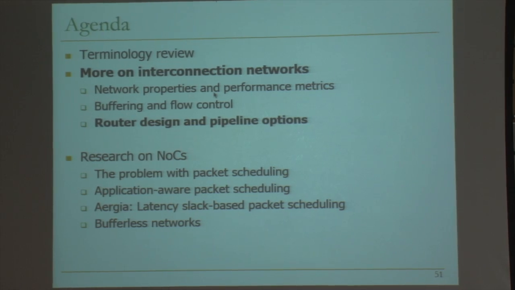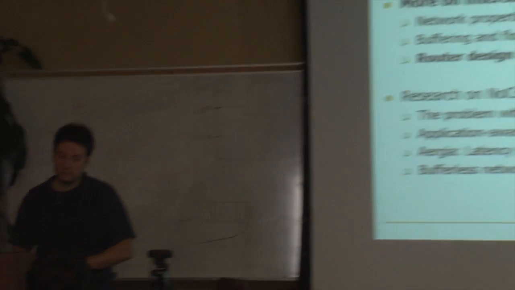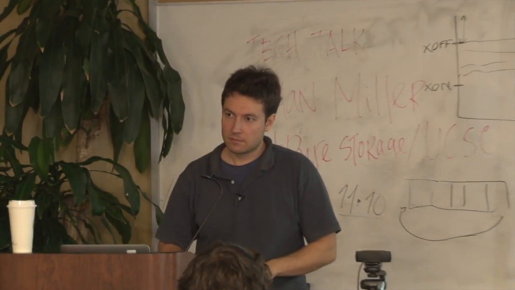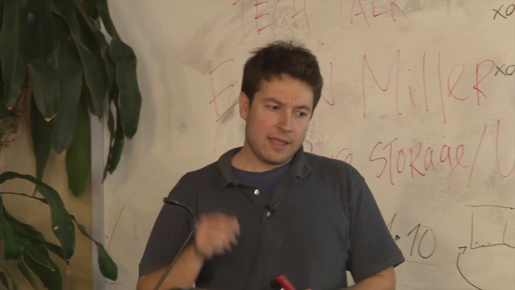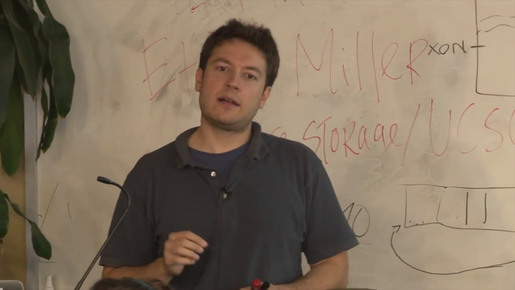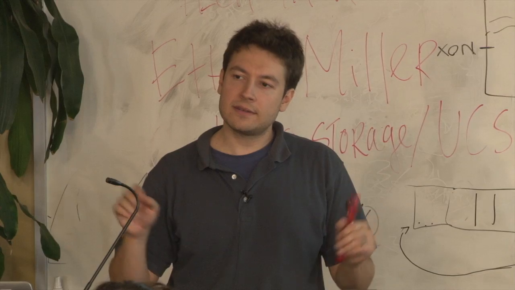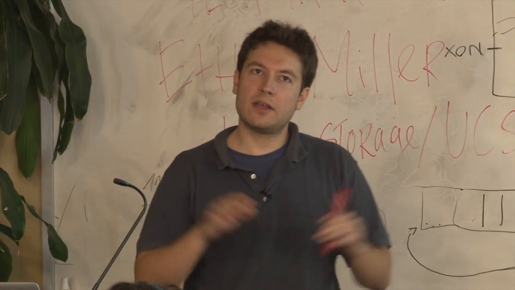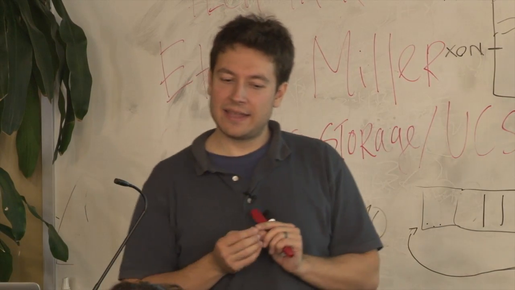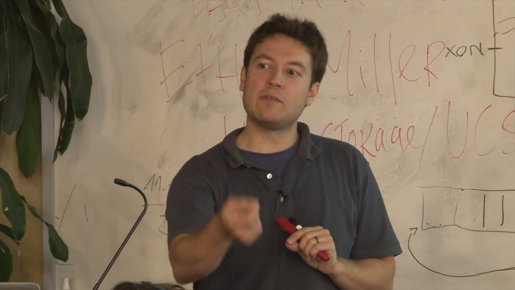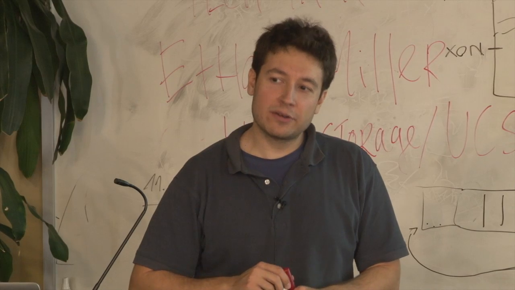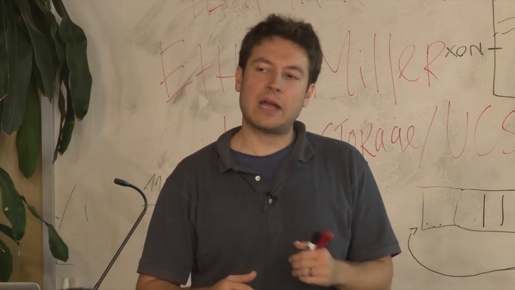Yes. So in wormhole routing, how do the non-head flits know it? So in wormhole routing, there is a contract or an implicit understanding in the network that body flits and tail flits will always follow the head flit. And it's the router's responsibility to keep track of what's going on.